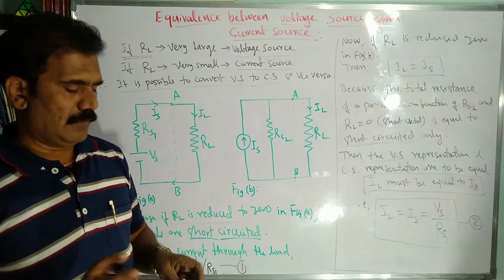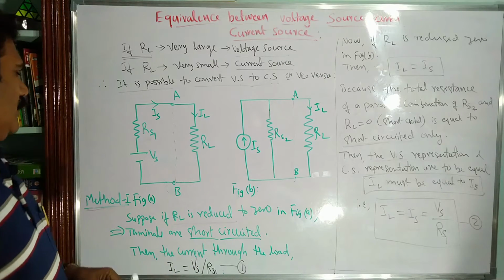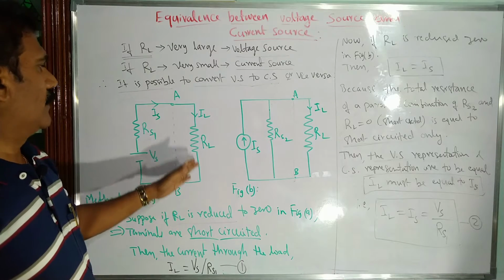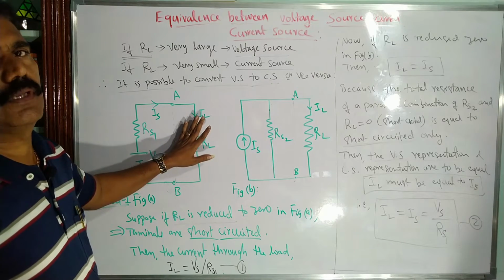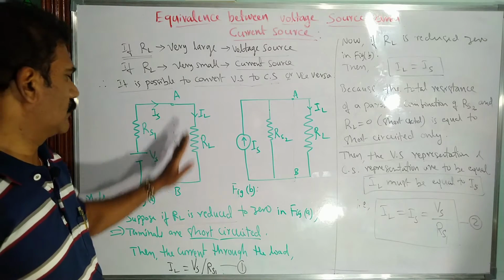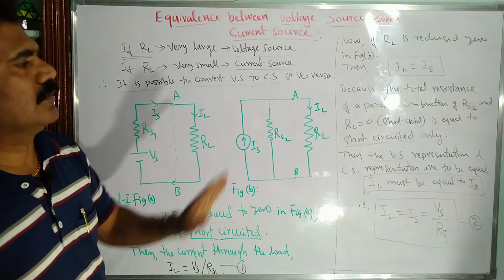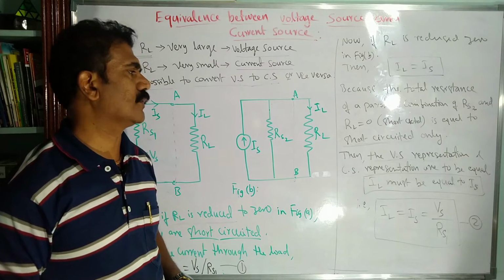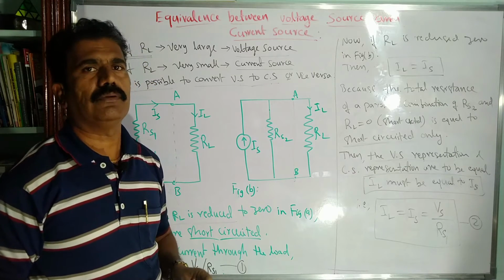Clear? Now let us see the second method, where instead of shorting the circuit, we are keeping a very high resistance, infinite resistance, across the terminals A and B. With that method also we can prove that the voltage source and current source representations are equivalent to each other.